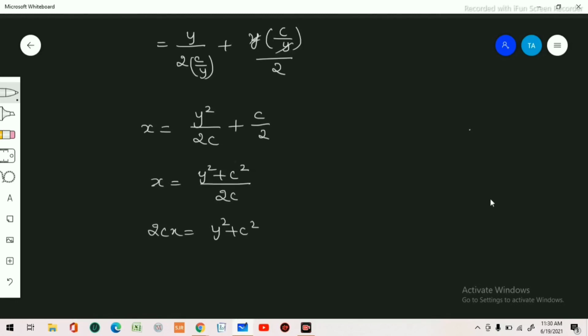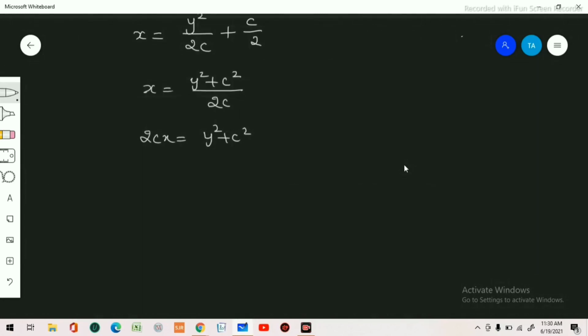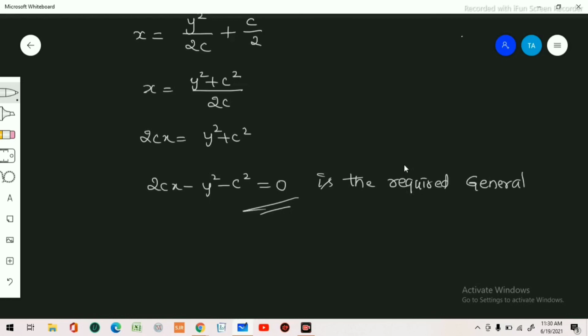Either you can write till here, or in terms of y you can write and keep, or 2cx minus y square minus c square is equal to 0 is the required general solution.